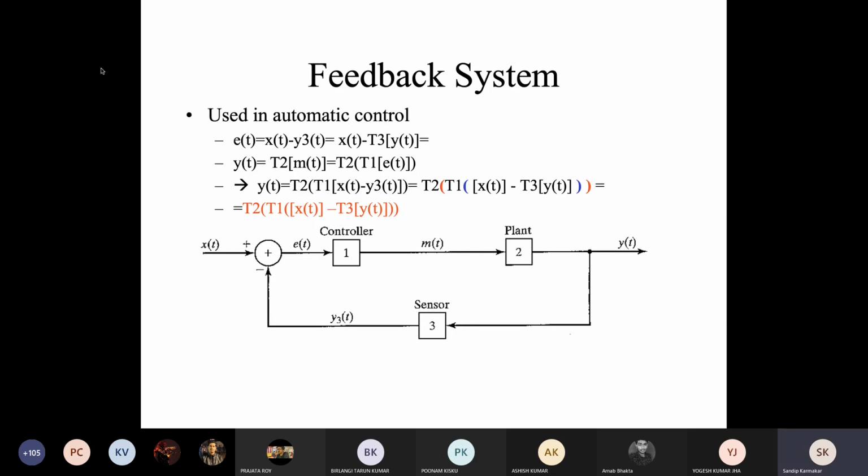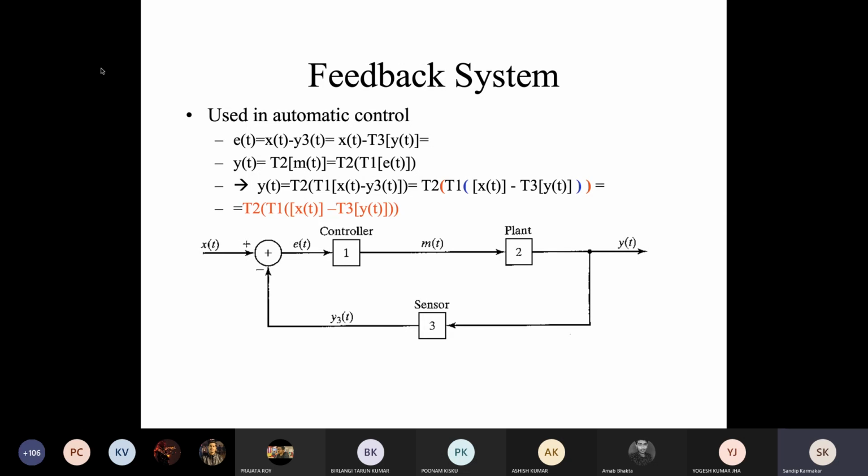Then go back. y(t) equal to T2 T1 e(t). Is that right? Yes, sir. That means y(t) equal to T2 T1 e(t), right? Yes, sir. That means y(t) equal to T2 T1 (x(t) minus y3(t)) equal to T2 T1 (x(t) minus T3 y(t)).